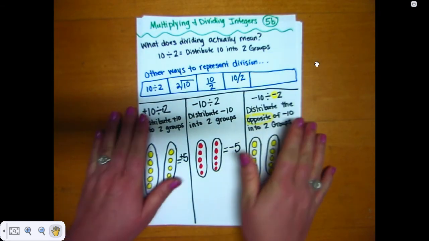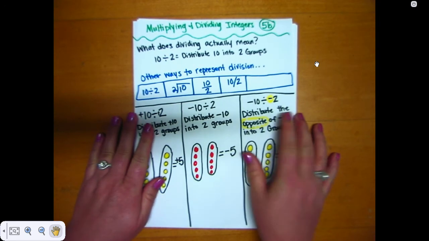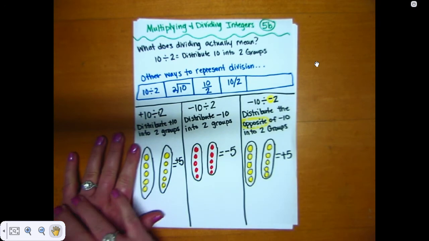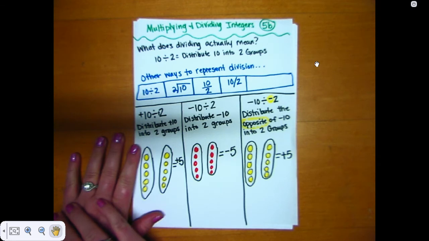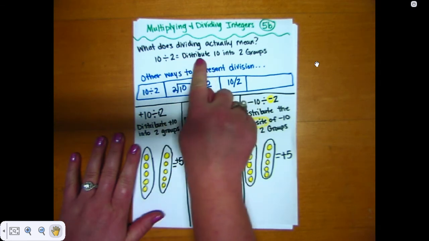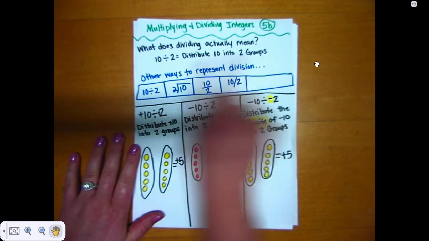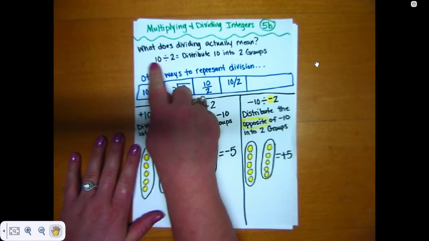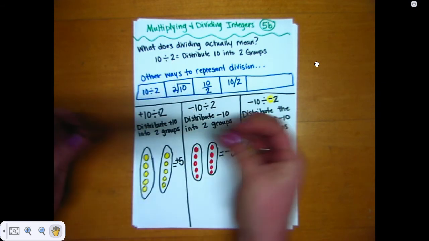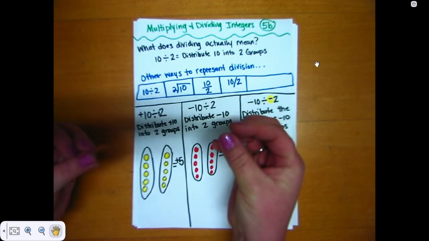Okay, this was our notebook entry from division. And we said that division actually means that you're going to distribute 10 into two groups. So you already have your total amount, and you need to distribute or break it apart or divide it into two groups.